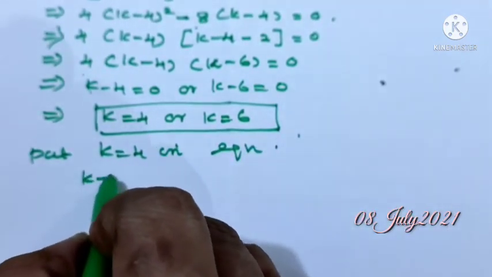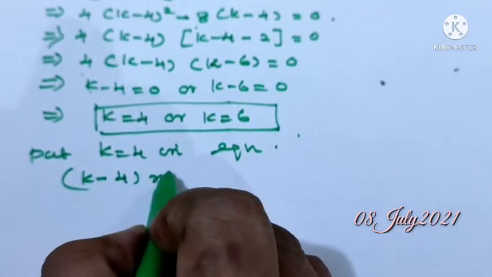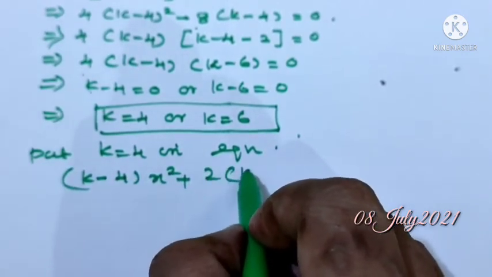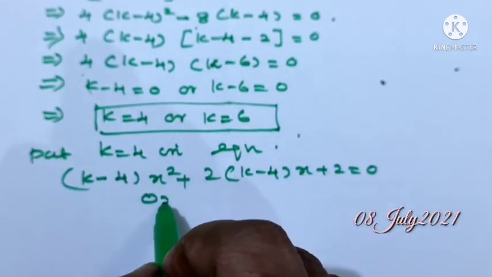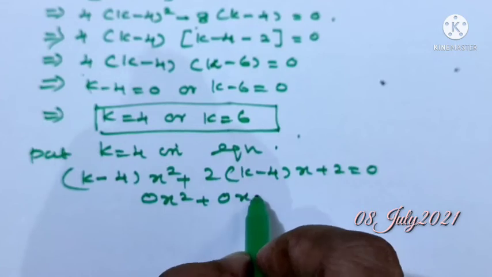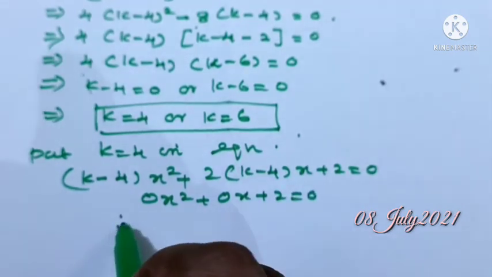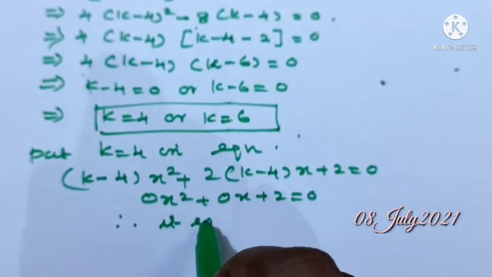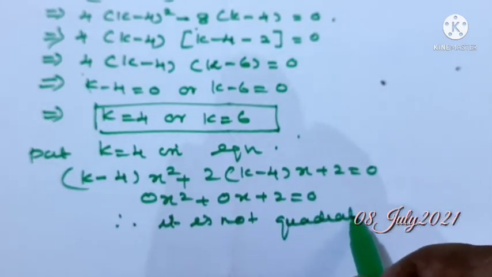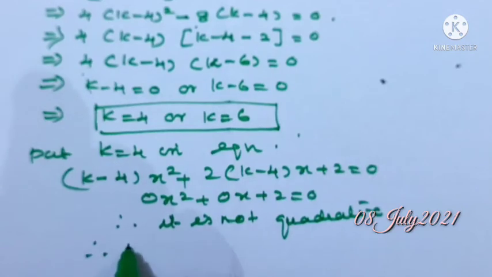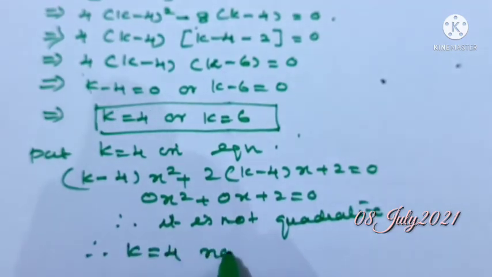So what is our equation? (k minus 4) into x square plus 2 into (k minus 4) into x plus 2 equal to 0. So 0x square plus 0x plus 2 equal to 0. Therefore it is not a quadratic. Therefore k equal to 4 not possible.